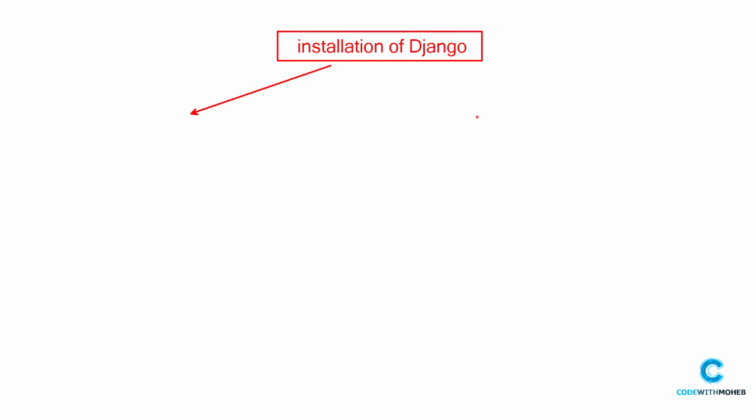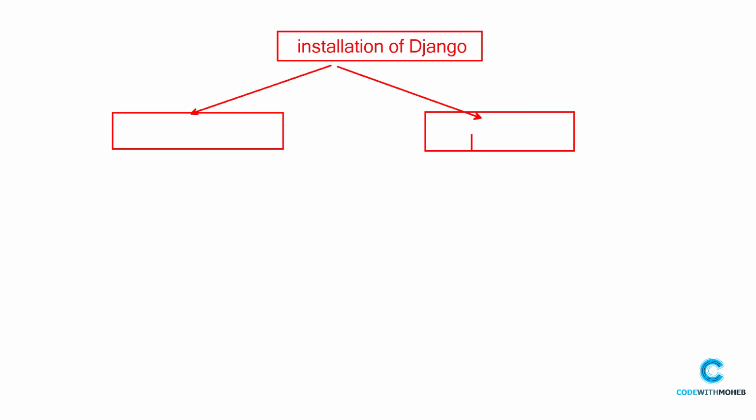so we talked about installation of Django. We said that we can install Django in two ways. One, we can install in a separate directory or virtual environment, and the second one is globally.